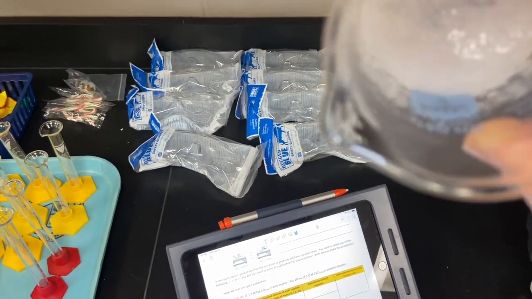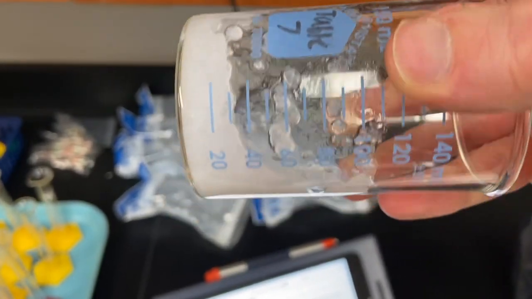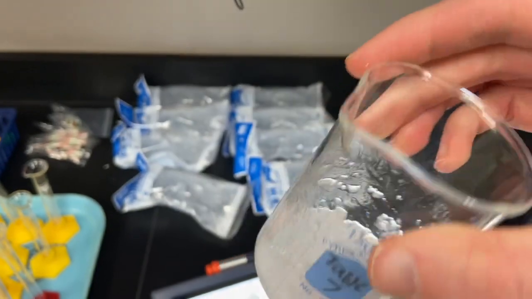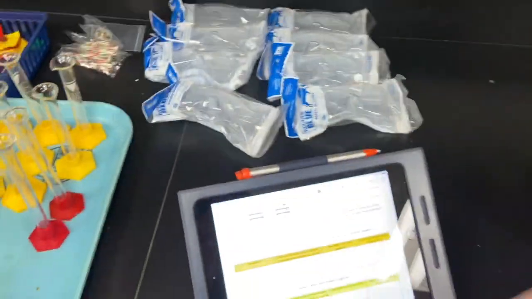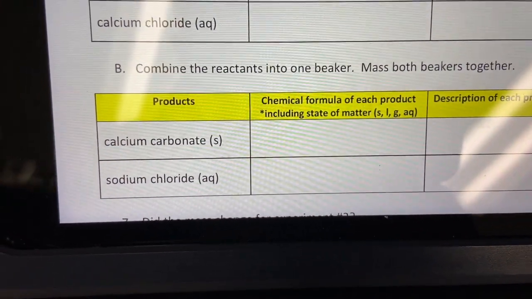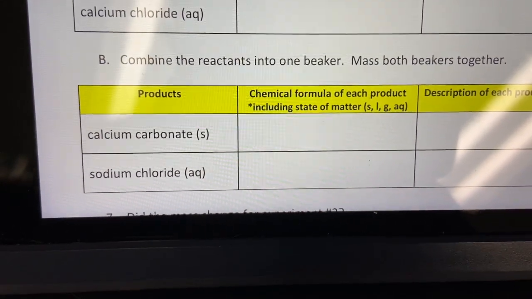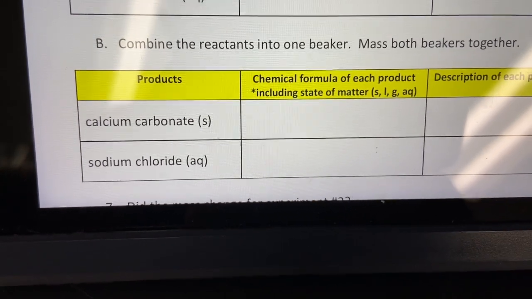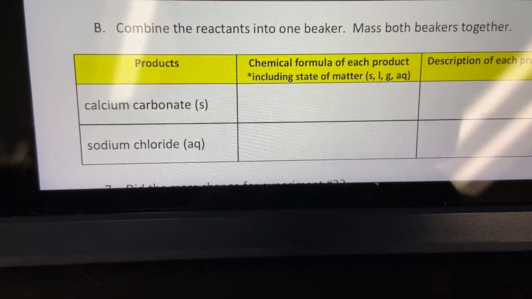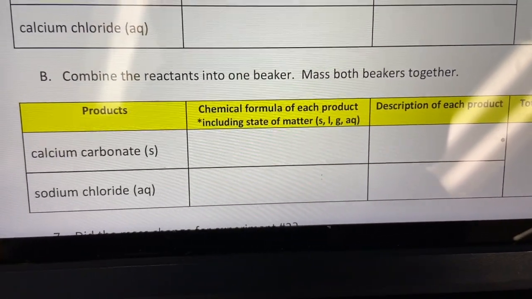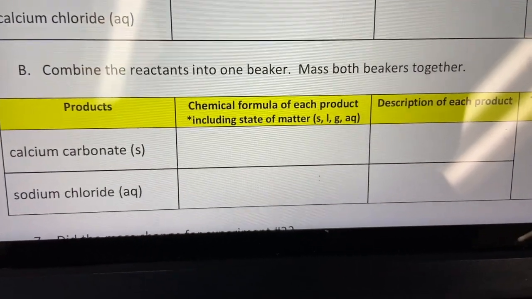Oh, look at that. Interesting. So within that beaker, you have some things that are solid. Okay, that's the precipitate that forms, and that's a calcium carbonate. And within that solid, you also have some liquid, which is sodium chloride. You need to provide the formula and then provide a description of each.